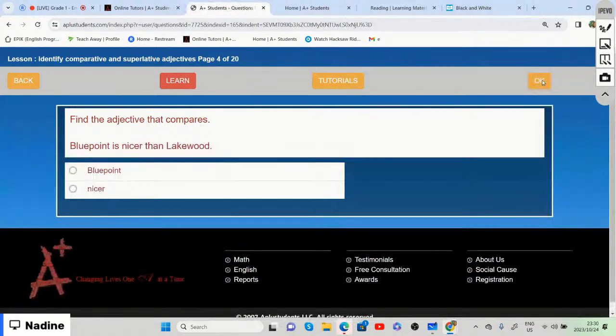Blue Point is nicer than Lakewood. Now we need to find the adjective that compares.